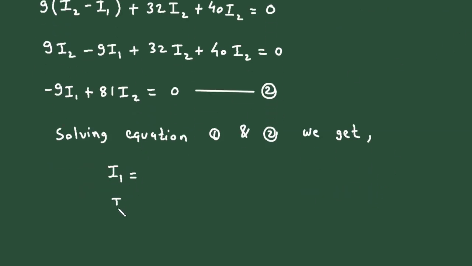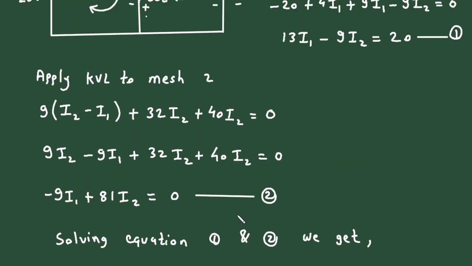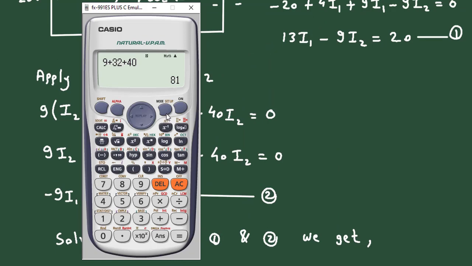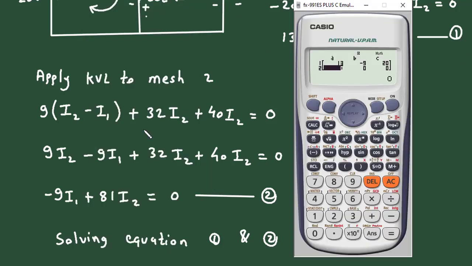Let's solve this in the calculator. So mode 5, then 1. So 13, then minus 9, then 20. From equation number 2, this will be minus 9, then 81, then 0.